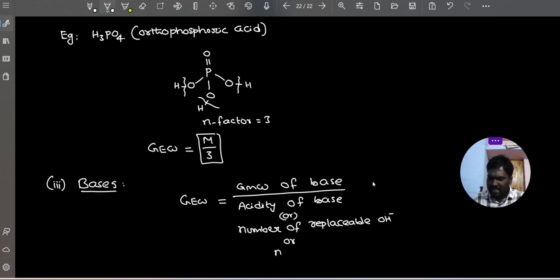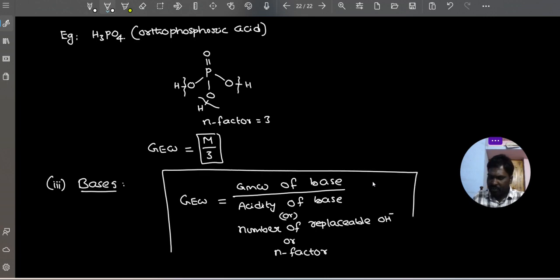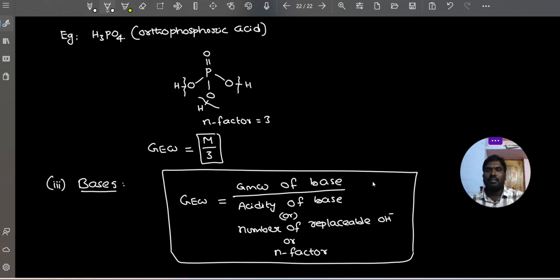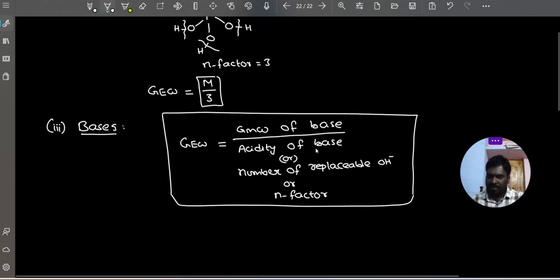Simply it is known as the N factor. So the denominator is simply the N factor.